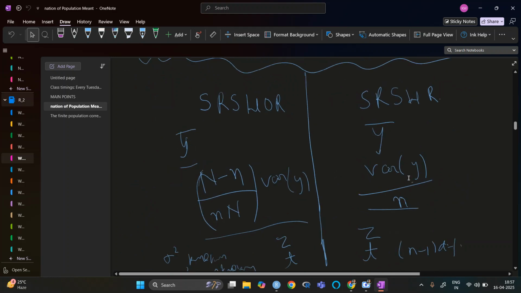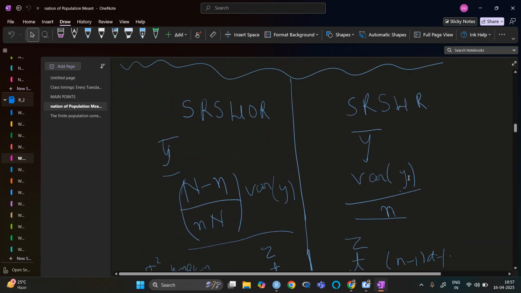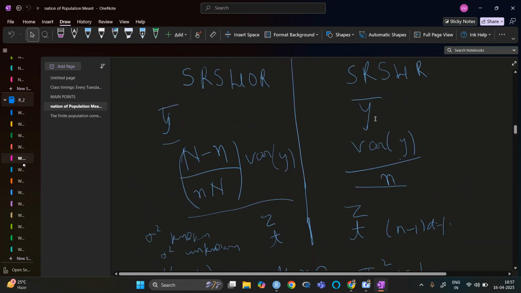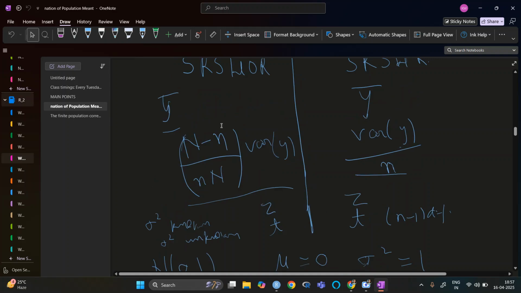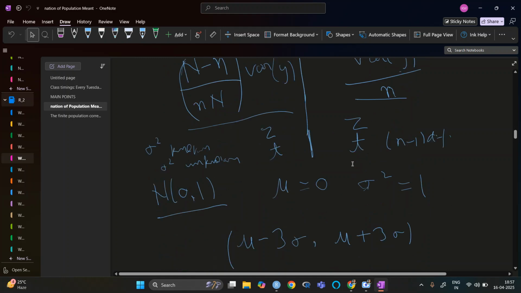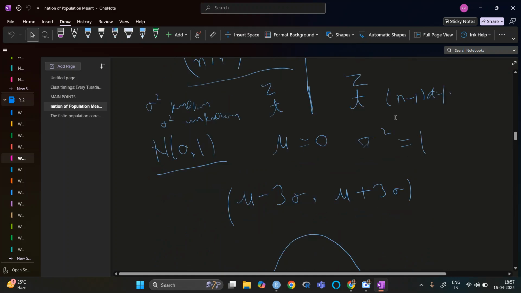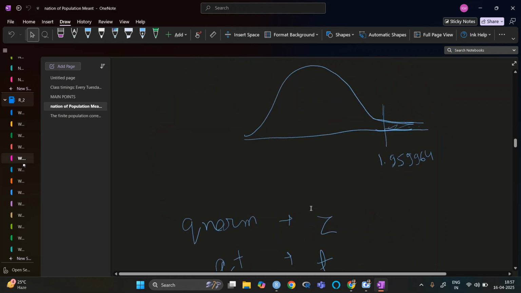Now, the difference between without replacement and with replacement is that the sample mean is the same, but the variance is different. If the variance is known, we use the z test. If it is unknown, we use the t test with n minus 1 degrees of freedom.